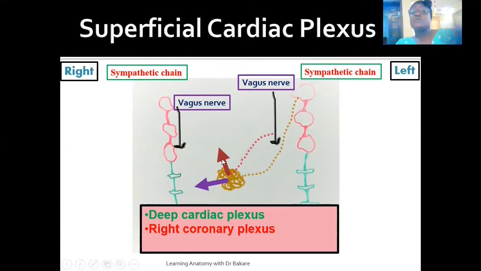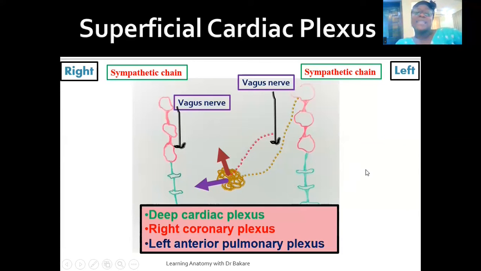So this is where the superficial cardiac plexus gives off a branch to contribute to the formation of the right coronary plexus. You can see that this gradually explains what we highlighted in our previous slide. So we have another branch given to supply the right coronary plexus, which is a plexus of nerves located on the right side of the heart. We'll go deeper on the right coronary plexus as we go through this lecture.